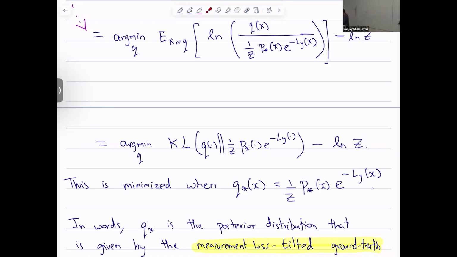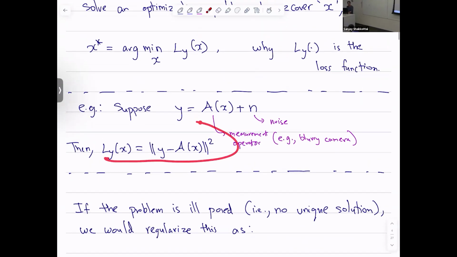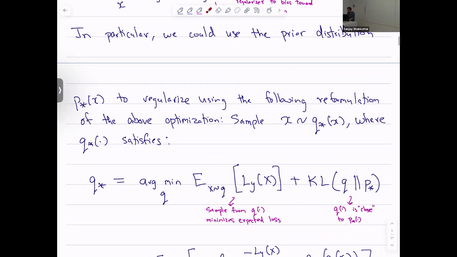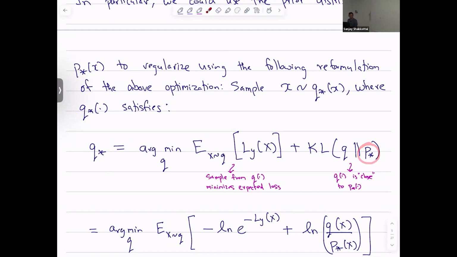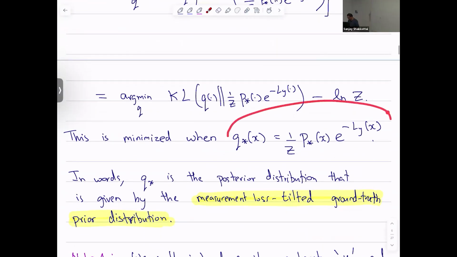If indeed you want to solve this inverse problem with a KL regularizer with respect to a generative prior, then it's equivalent to sampling from P, which is exponentially tilted with respect to the loss function. Okay. And this is, yeah, question?